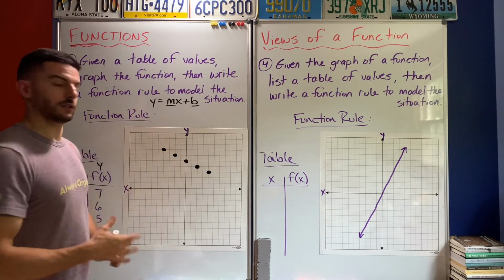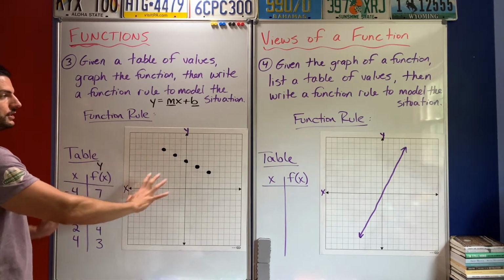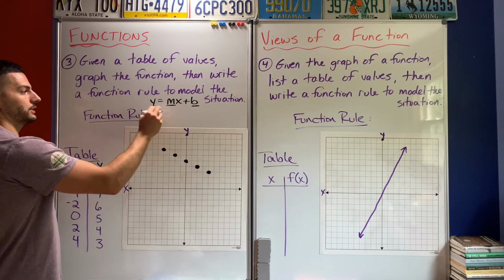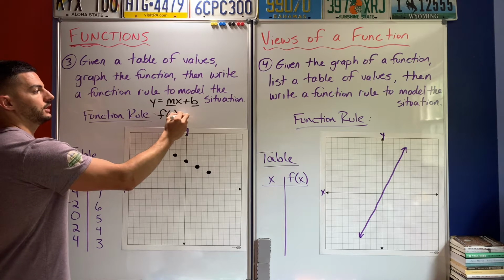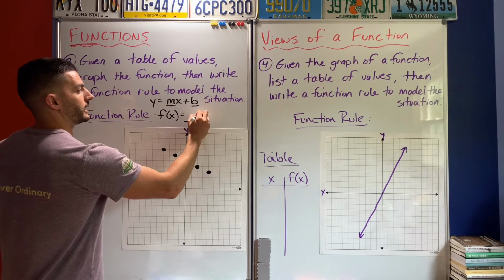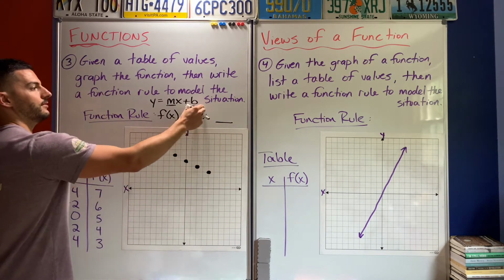You just have to know what to look for. And so that's my big goal here. I want to use the information I have to formulate this equation, which, again, y and f of x can be used interchangeably. So f of x equals something times x plus or minus something. So I want to find the m and the b values here.